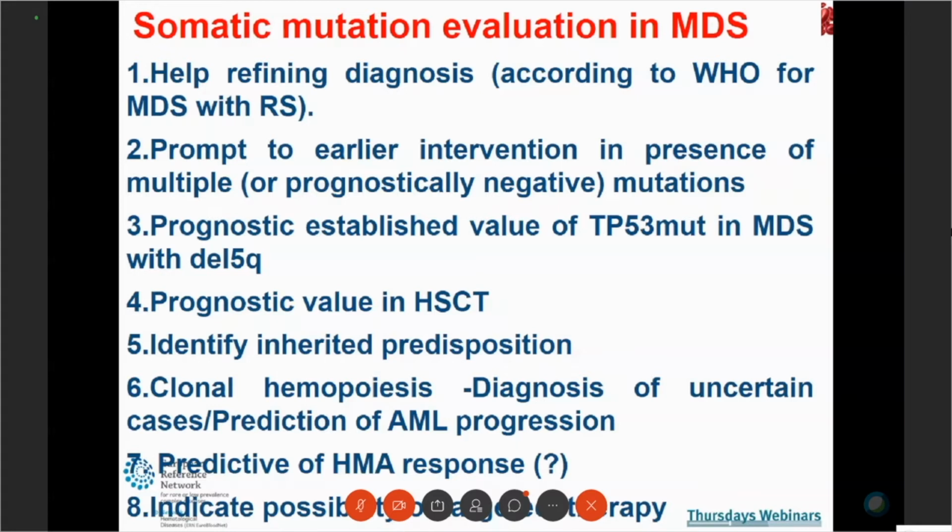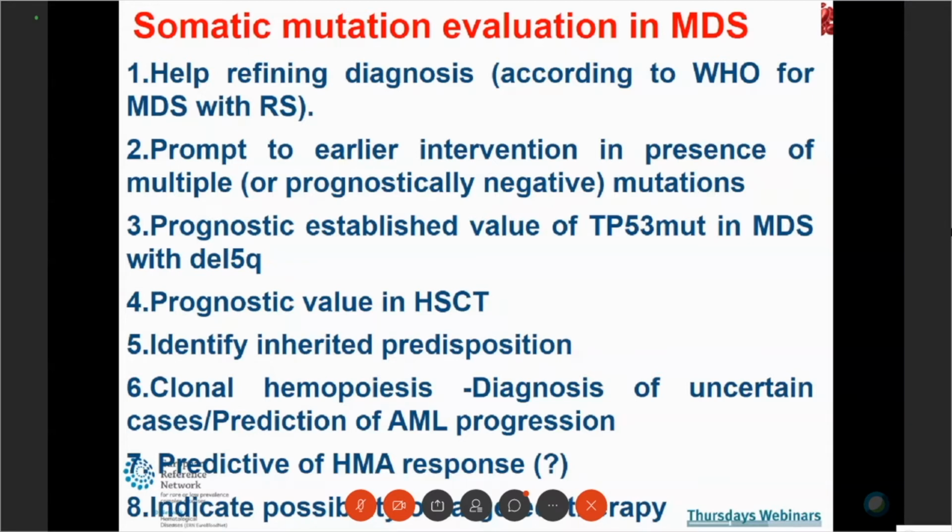When we try to have early hematopoietic stem cell transplant, it's important to know the load and the mutational burden of the patient because of the prognostic value. As I mentioned, they can help to identify inherited predisposition, and the recognition of clonal hematopoiesis and the diagnosis of uncertain cases is extremely valuable.